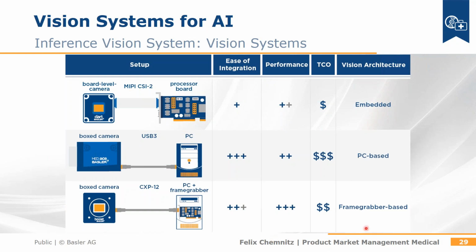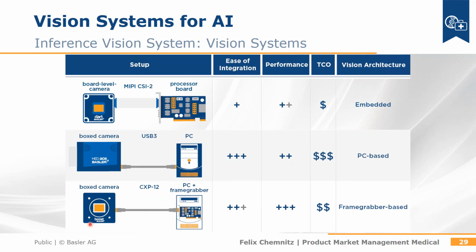With the frame grabber based system, which I was talking about last, you have a boxed camera with the high resolution chip, because you are able to get a big amount of data through, in this example, the CXP12, CoaXPress 12 interface. For this, you need the PC with the frame grabber, and so we at Basler can provide you with our new Boost series.